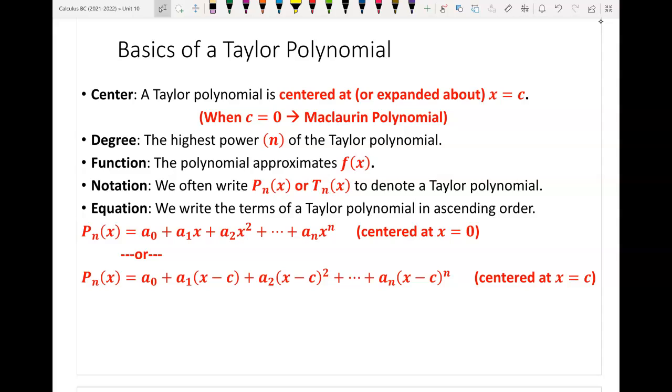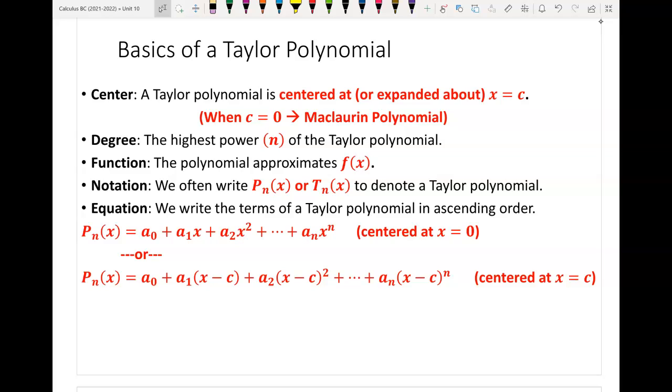All right, so our Taylor polynomials, we do have a bunch of different terminology that we want to take into account here. We have our center. So think back to the one that we just did, our tangent line with e to the x. That center was a center of 0. So wherever you have that common point with your polynomial, where they share that point, that's going to be your center.